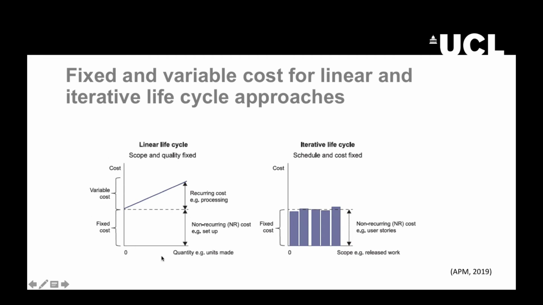Particularly, we will have some fixed cost, but also we will have these variable costs that will grow throughout the project because they are connected with the proper working of the project. However, in projects that follow an iterative life cycle, usually the schedule and the costs are fixed, so the presence of variable costs is less frequent.